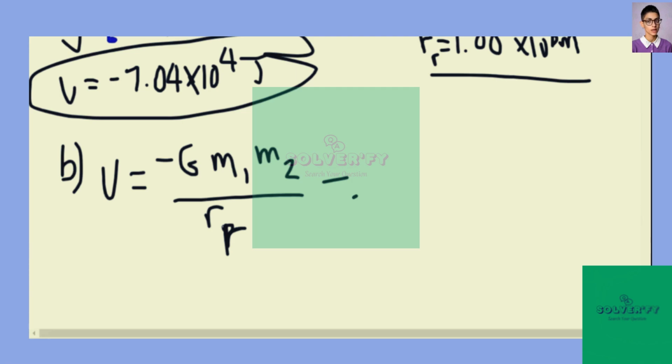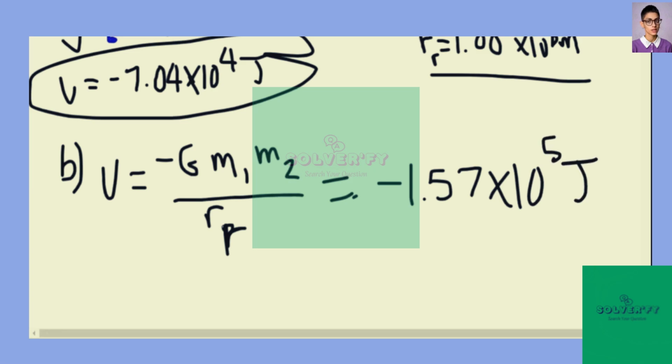R sub R is the one with the 1 in it. Negative 1.57 times 10 to the 5th power joules.